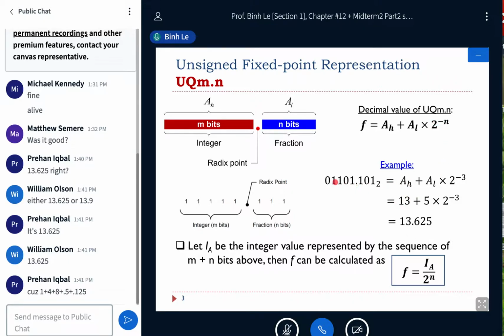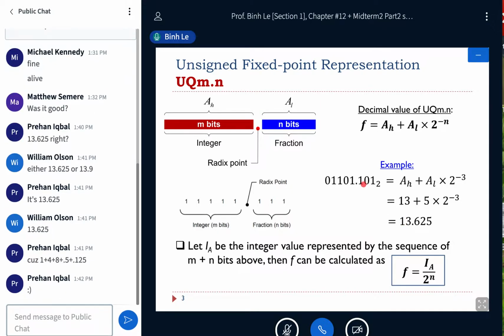So for example, if we use 3 bits to represent the fraction, what value is that? You just look at over here, right? The first 5 bits represent 13, so the integer part will be 13. How about the fraction? The fraction here is 101, which is 5, right?